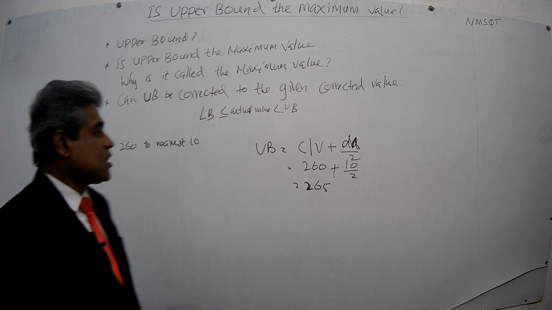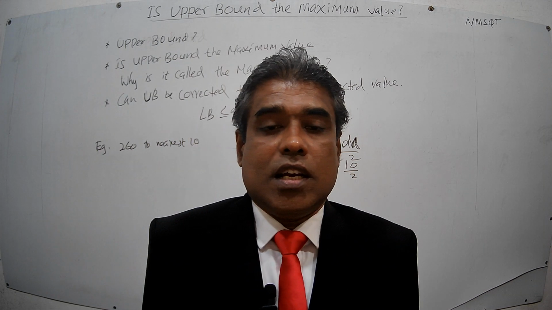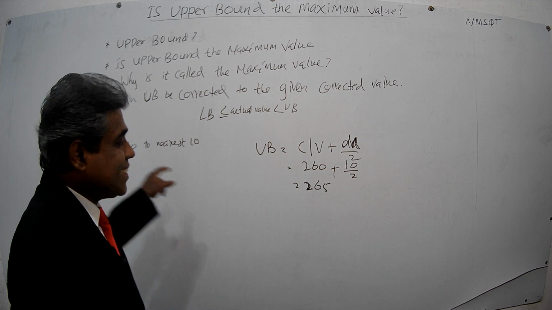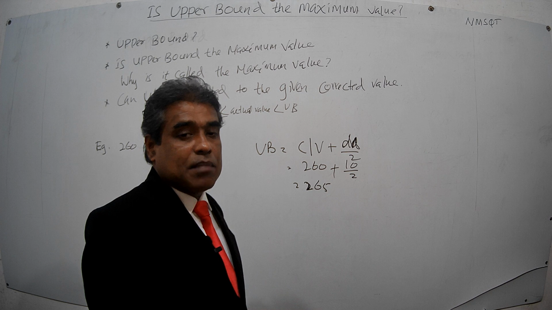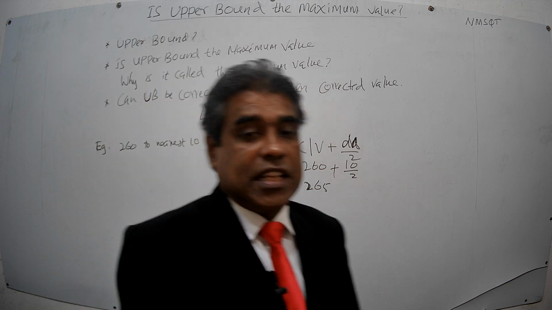Now we ask the question: is the upper bound the maximum value that can be rounded to the given corrected value 260? In other words, is 265 the maximum value that can be rounded to 260? That's the question. Then we will check.